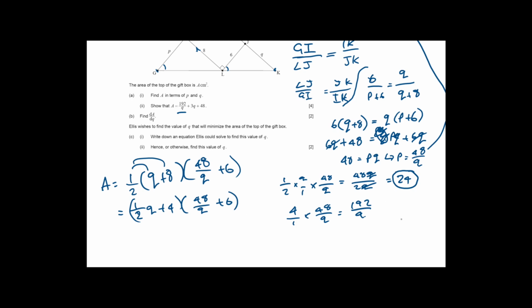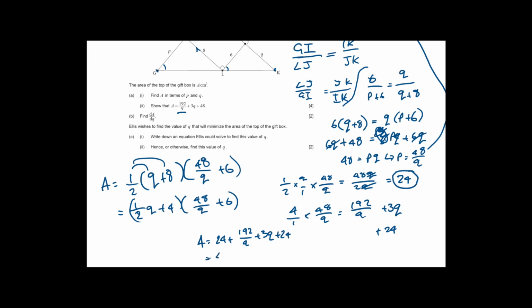And we want to deal with the 6. So half Q times 6 is plus 3Q. And then 4 times 6 is 24. So collect up the terms. The area is going to be equal to 24 plus 192 over Q plus 3Q plus 24.